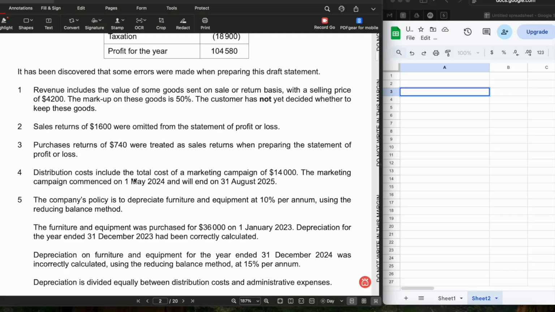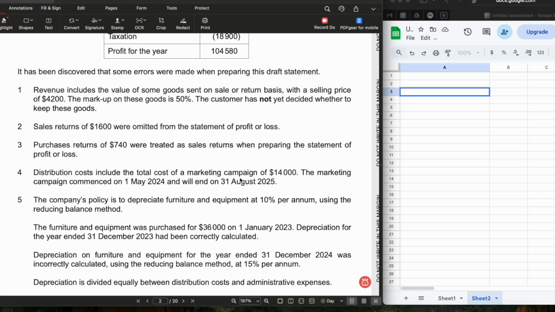Distribution cost included the total cost of a marketing campaign of 14,000. The marketing campaign commenced on 1st May 2024 and will end on 31st August 2025. So if you count from 1st May 2024 to 31st August 2025, this is 16 months.